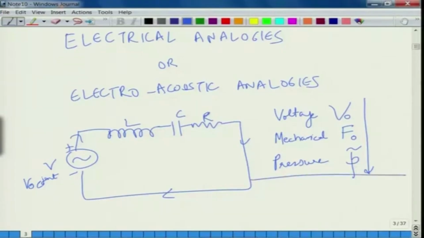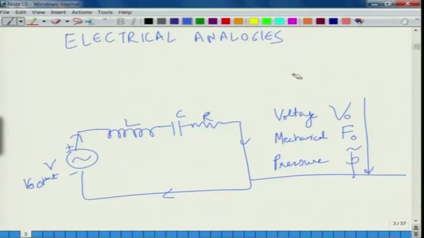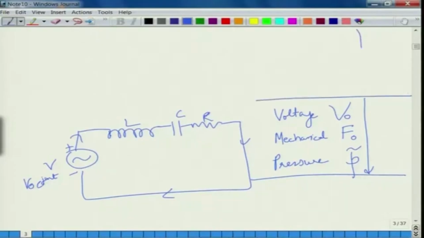So, let me rub this part and let me get some space here. Similarly, what goes on is the current I, that is the flow of charged particles.